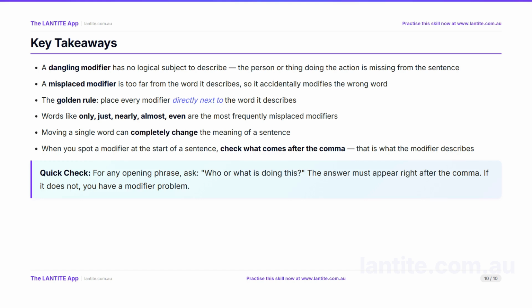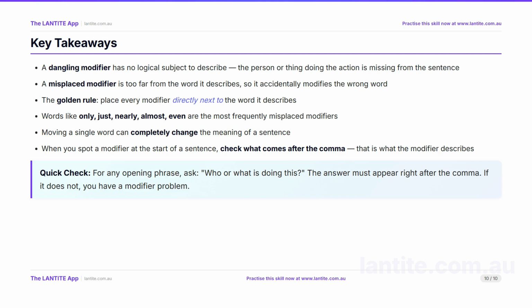Let us recap. A dangling modifier has no logical subject in the sentence. The person or thing doing the action is simply missing. A misplaced modifier has a subject, but the modifier is too far away from it, so it accidentally describes the wrong word. The golden rule for both is the same. Place every modifier directly next to the word it describes.